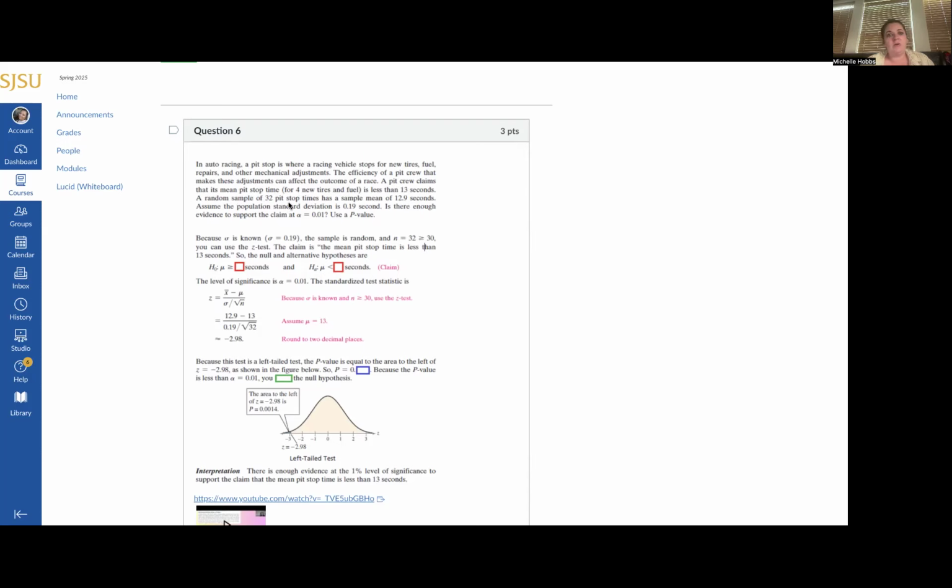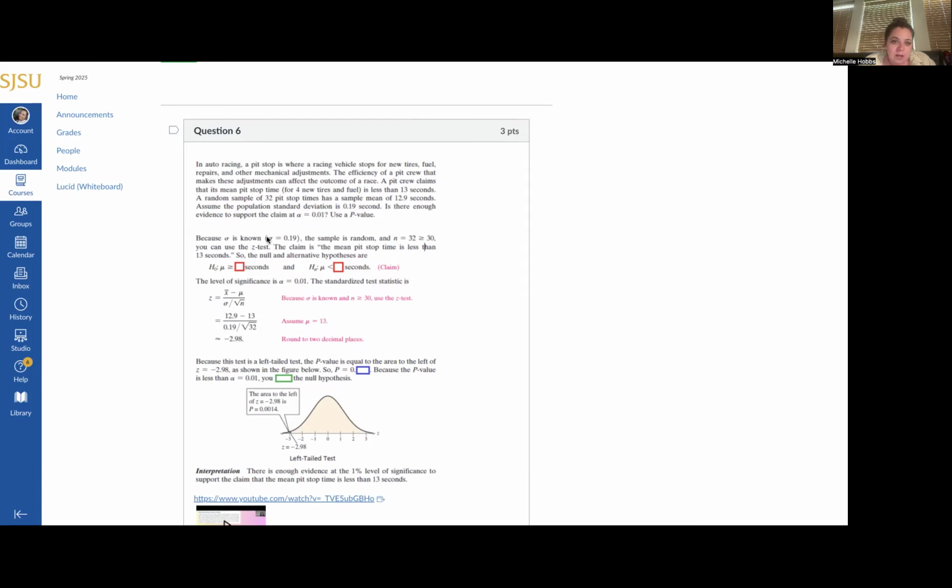A random sample of 32 pit stop times has a sample mean of 12.9 seconds. Assume the population standard deviation is 0.19 seconds. Is there enough evidence to support the claim at alpha equals 0.01? Use the p-value.